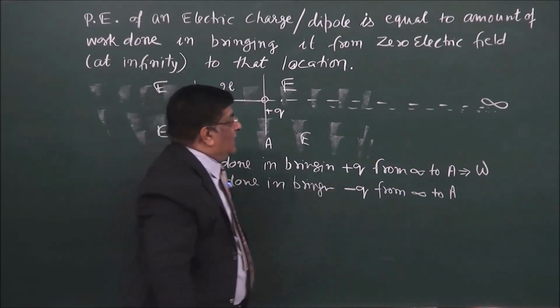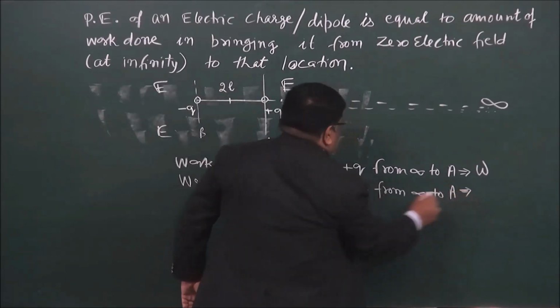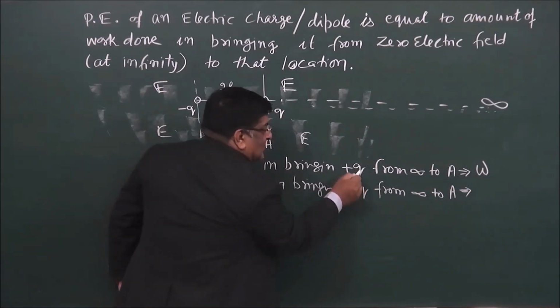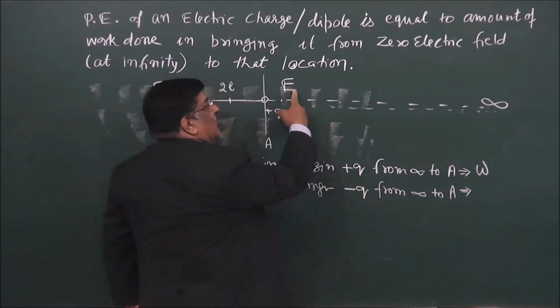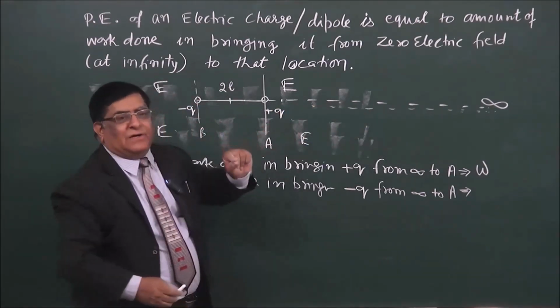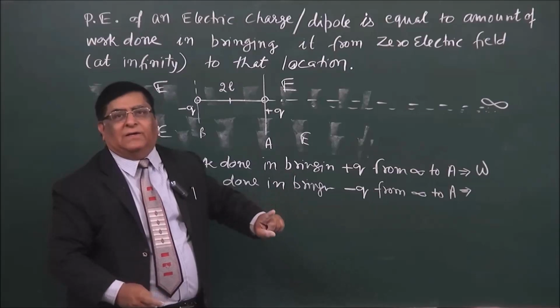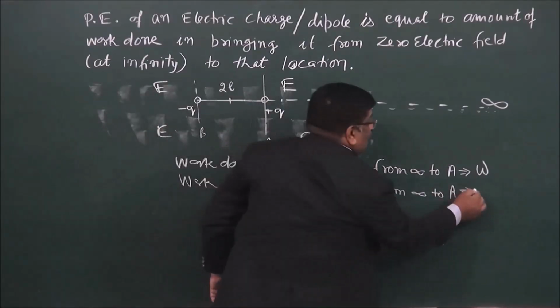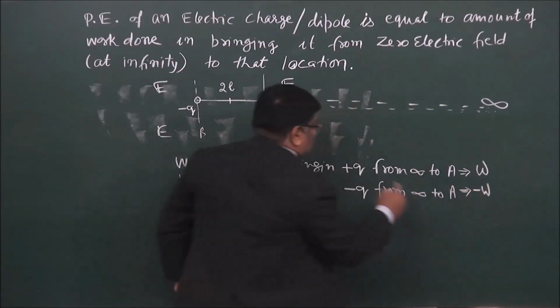Because the amount of charge is the same, the electric field intensity is the same, and the distance is the same, the work done will also be the same in magnitude, only the sign will be minus W, because the charge is minus Q.